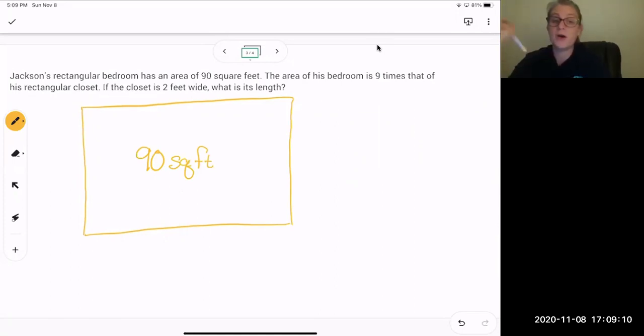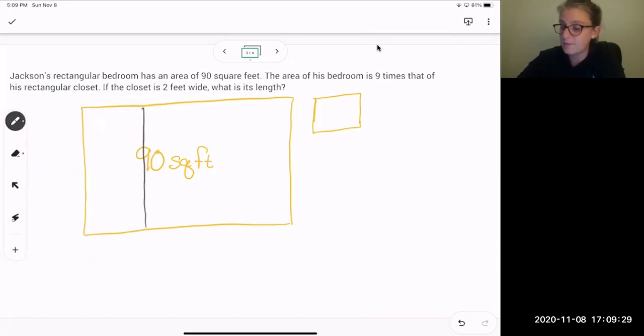We do know some stuff about his closet. So his bedroom is 9 times as much as his closet. So if I was to take this picture and split it into 9 pieces, if they were even, this would be much more accurate.